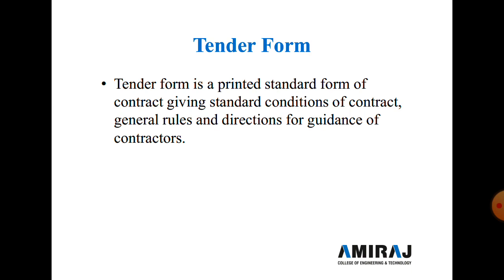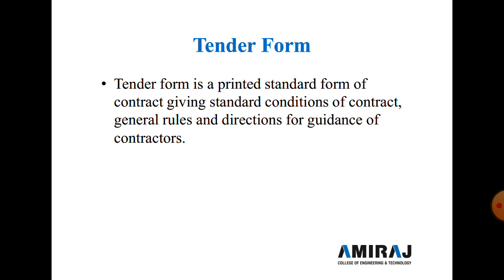So it's the tender form. What is tender form? Tender form is a printed standard form of a contract giving standard conditions of contract and general rules and directions for the guidance of the contractor. Tender form is a part of the tender document, and the price of the tender form is given on the form.